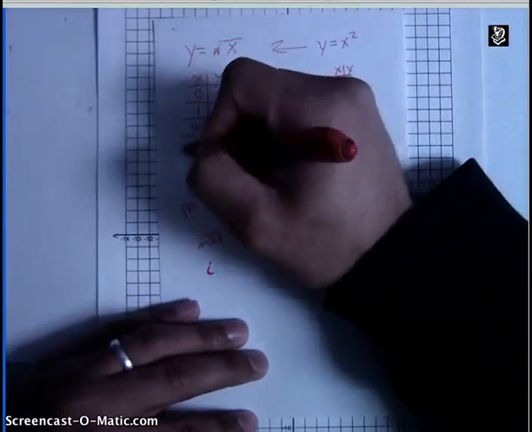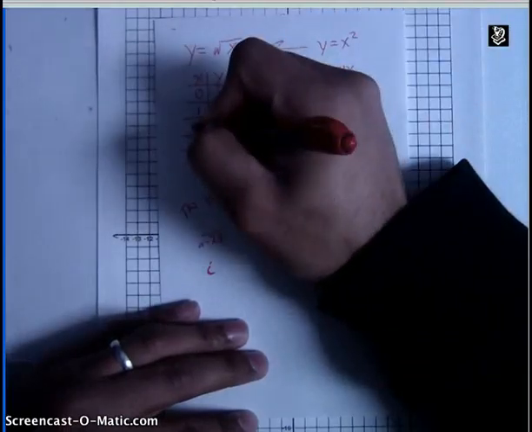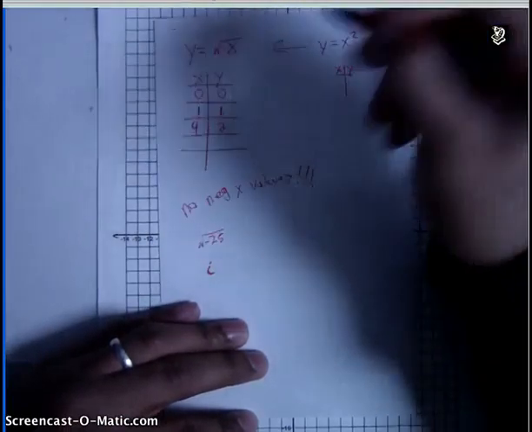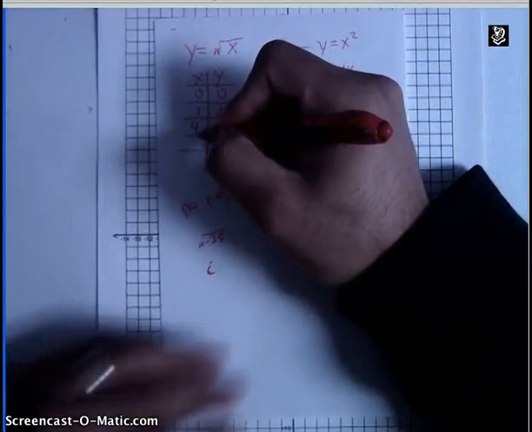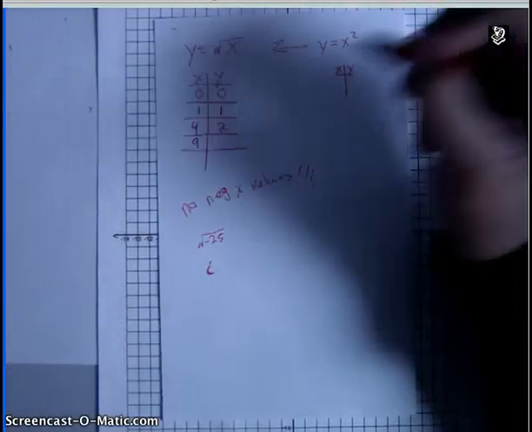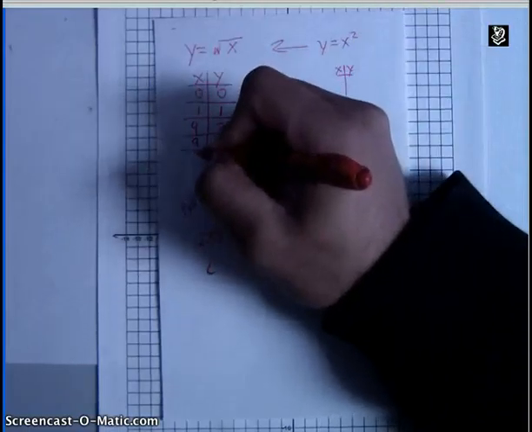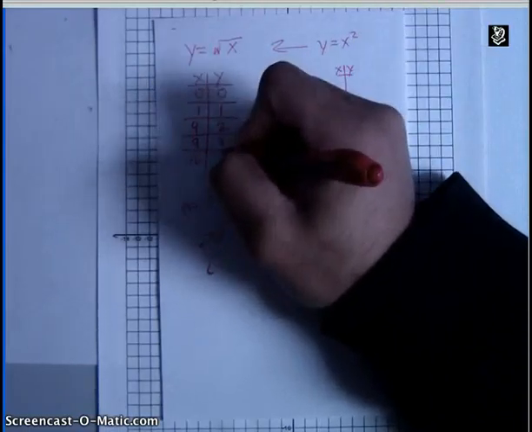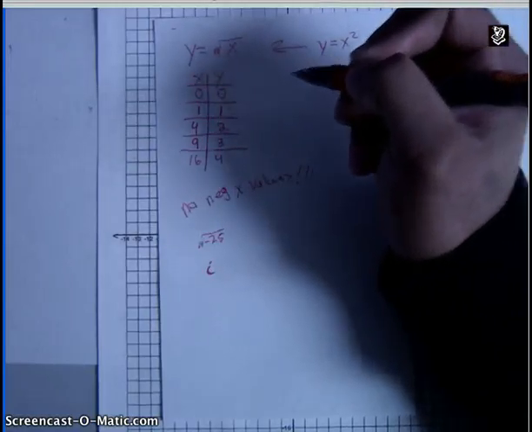All right, we want to pick a couple more, and we want to pick numbers that we know what the square root of it is. So we'll pick the square root of 9, which we know is 3. And then the next one would be 16, which we know is 4. We might not go that far, but at least we have our table.